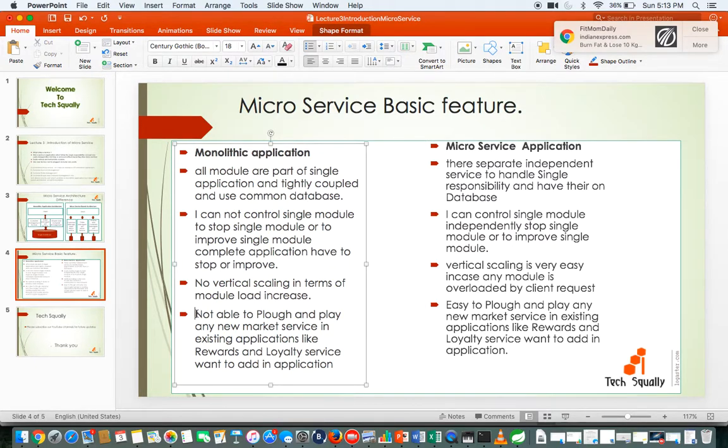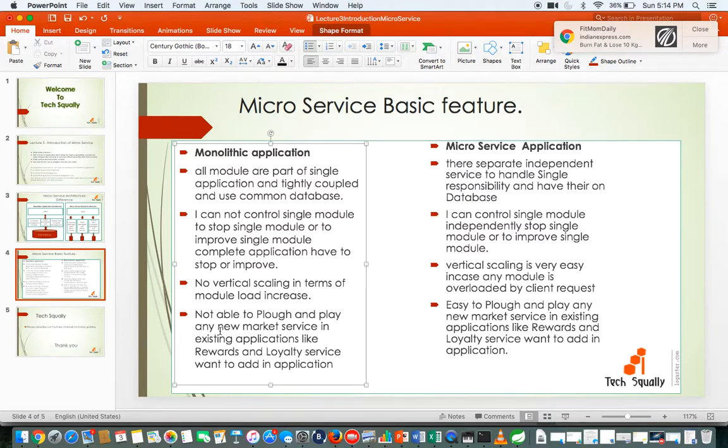Suppose I have an e-commerce application, and a new service is introduced in the market which is called a loyalty management system, and I want to introduce it into my application. But my application is a monolithic application, so it is not easy to plug and play that service into my application.